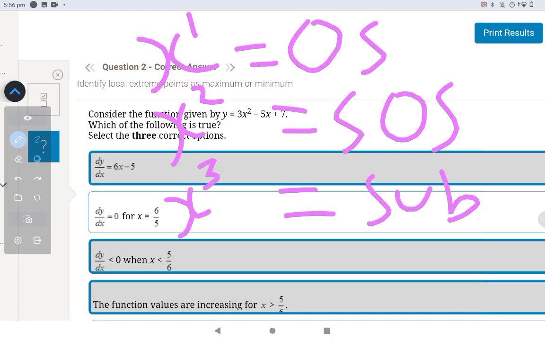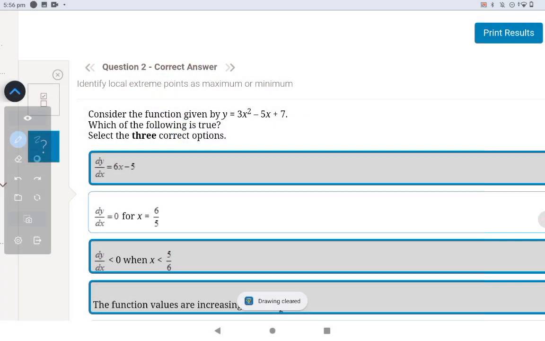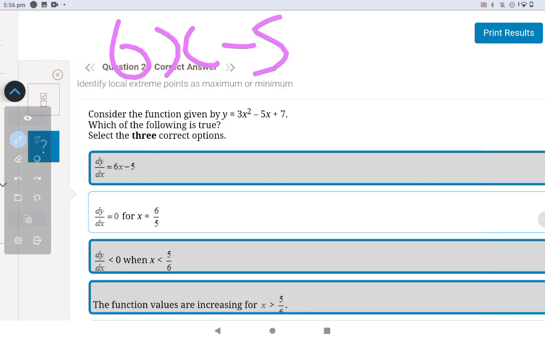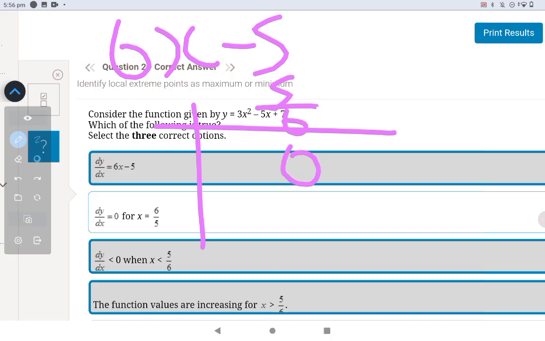Okay, so here we had 6x minus 5. Now if we're going to do the graph, we can put 5 over 6 here, which will give you 0. The leading coefficient is 6, and 6 is positive.